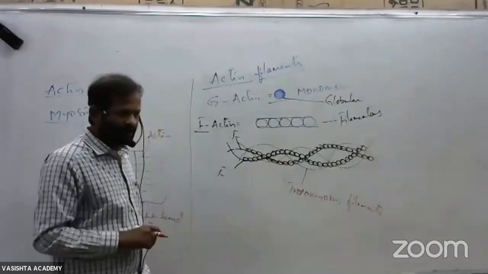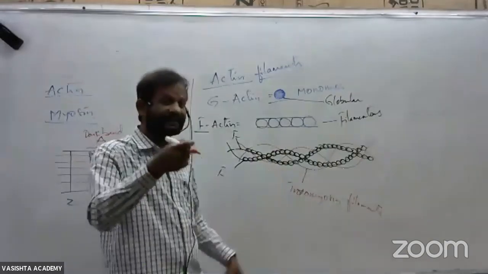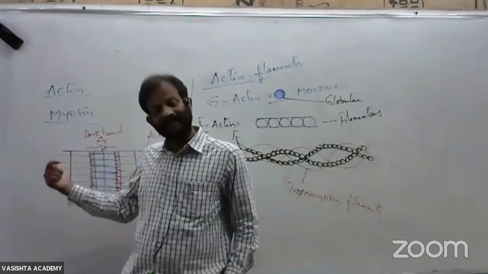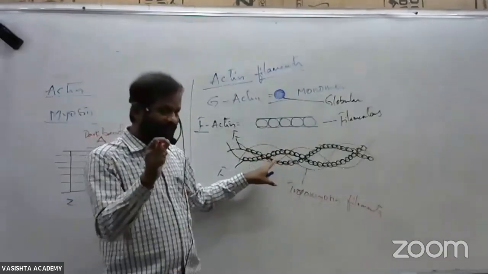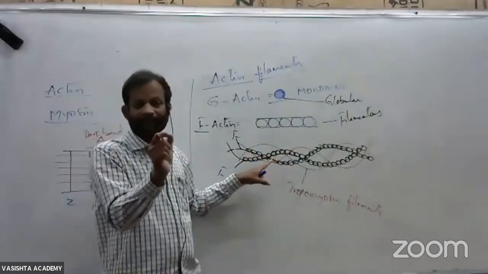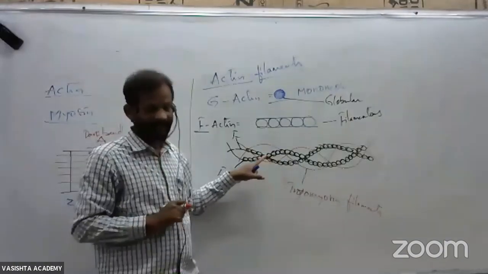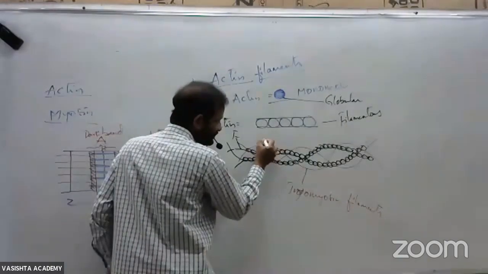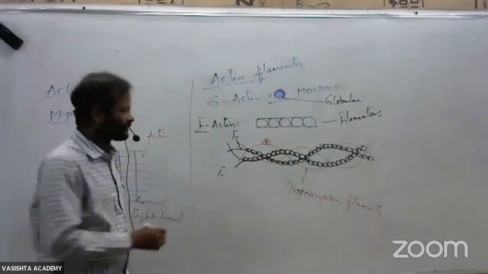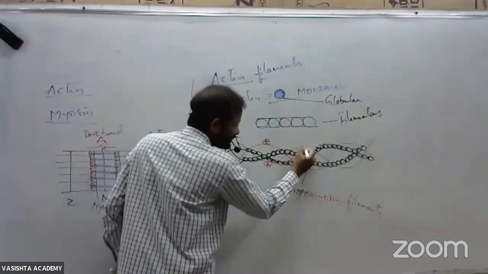Okay, now you may get one doubt. How will these tropomyosin filaments attach with the myosin thick filament? So, these tropomyosin filaments have some active sites. This is one active site, this is one active site, this is one active site.